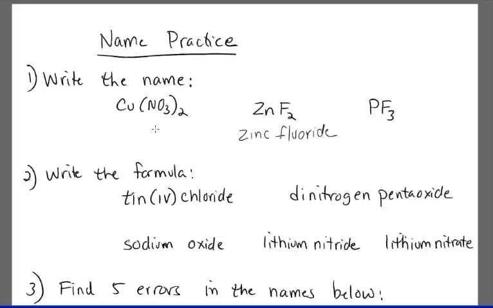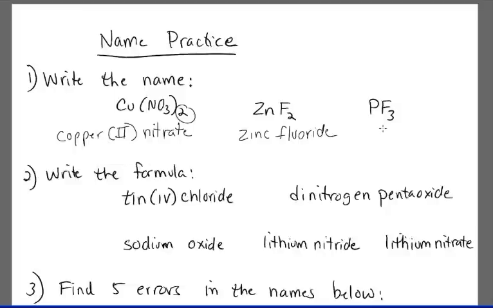So we know we'll use the name nitrate, plus we know its charge is -1, and since there's 2 of them, at -1, we know the copper must be the 2+ form. So we would name this copper(II) nitrate. Again, we don't have to indicate the number of nitrates because the copper(II) lets us know what that is.